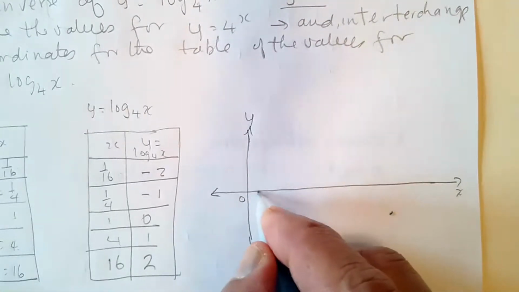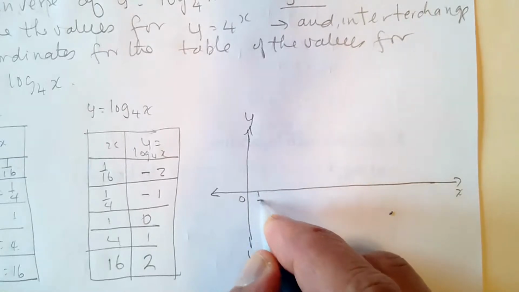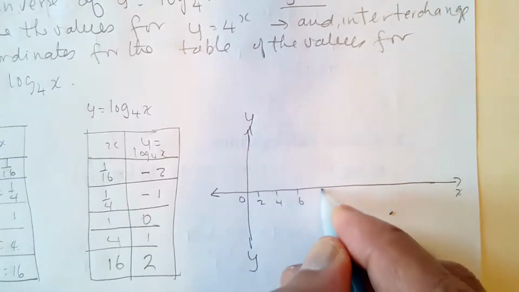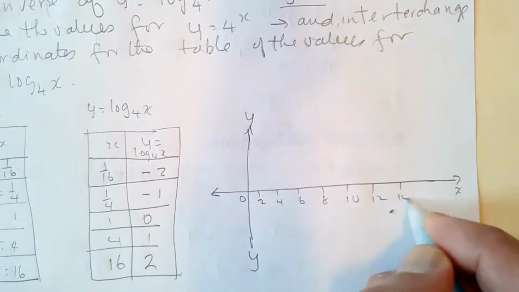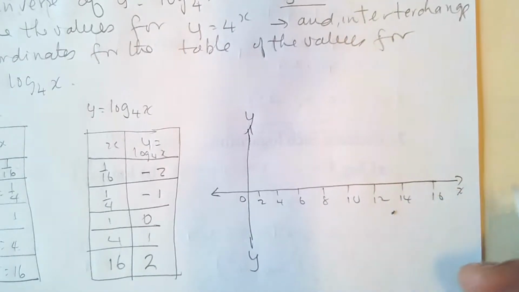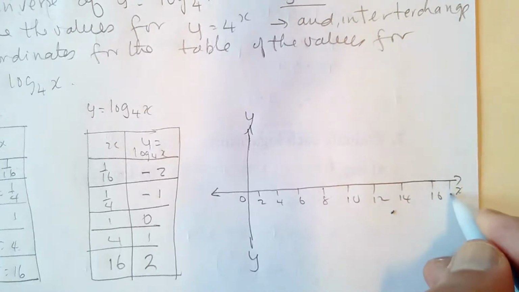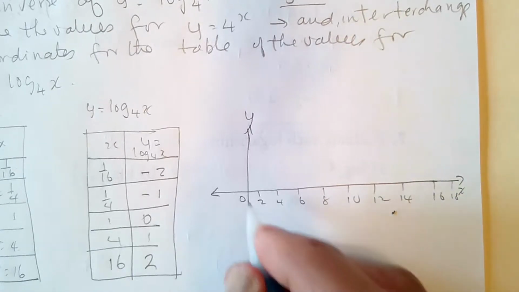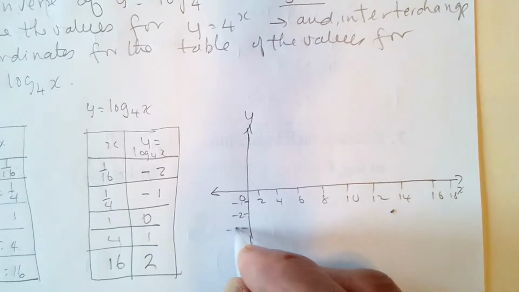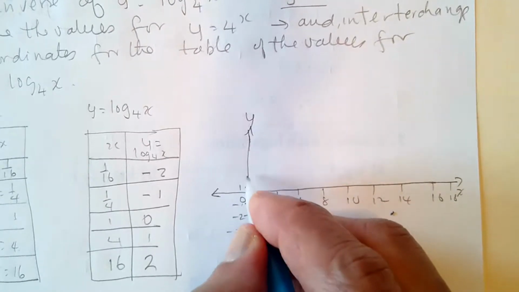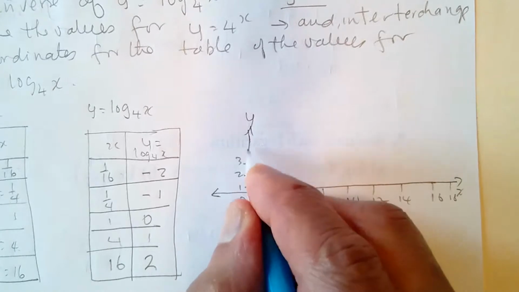Here we go 2, 4, 6, 8, 10, 12, up to 18, and -1, -2, -3, 1, 2.